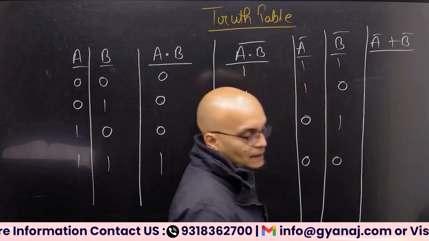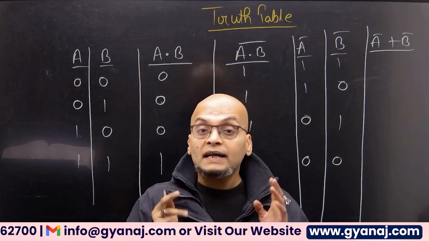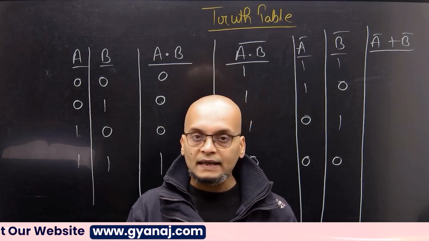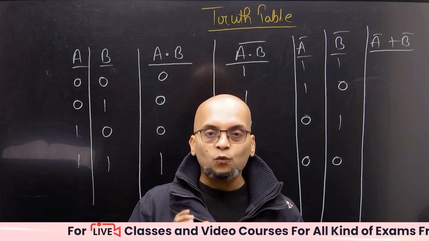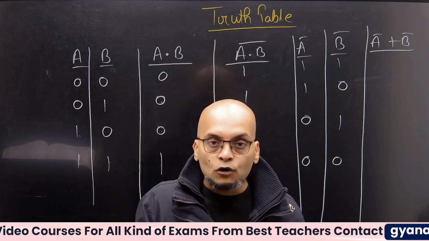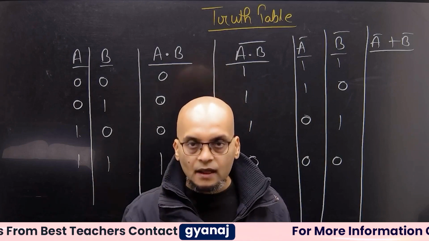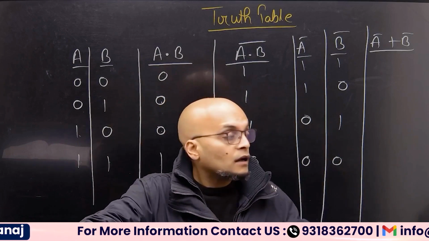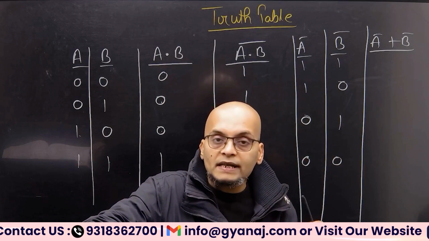Now see guys, the basic OR operation. We are talking about digital signals, and in digital signals there can be only two outputs, 1 or 0. 1 represents signal is present, 0 tells us signal is absent, right? Just like an electric switch: you put the switch on, the fan starts rotating.